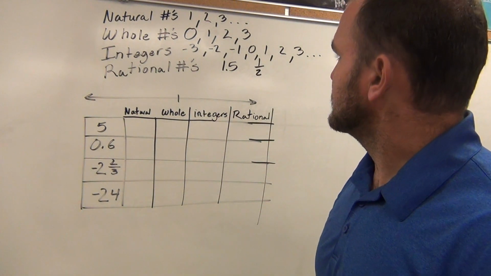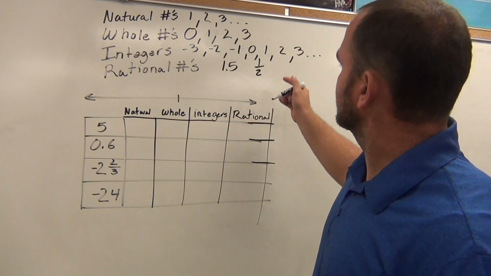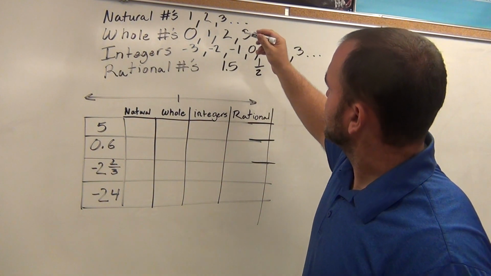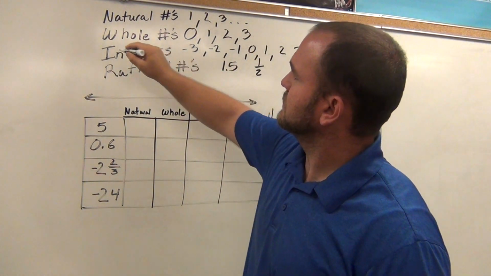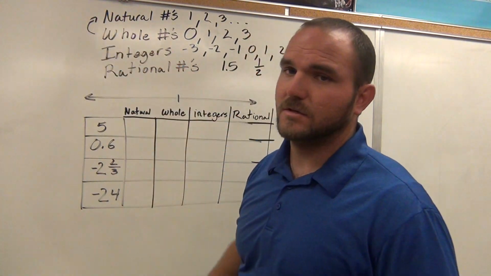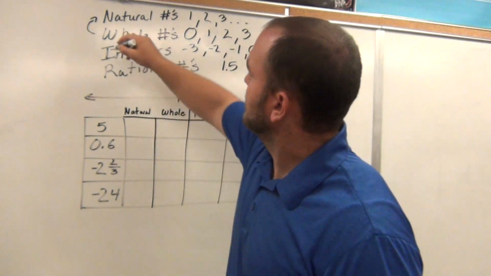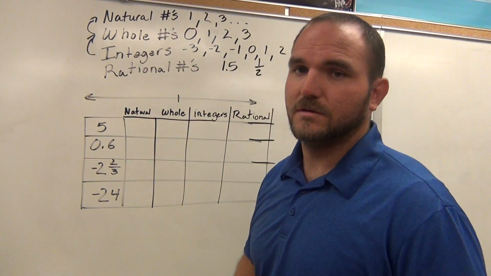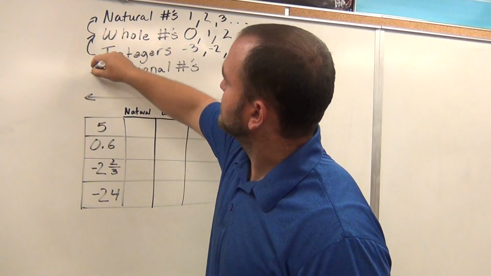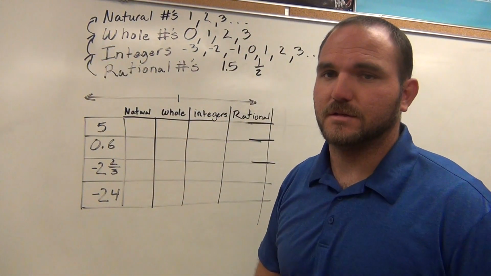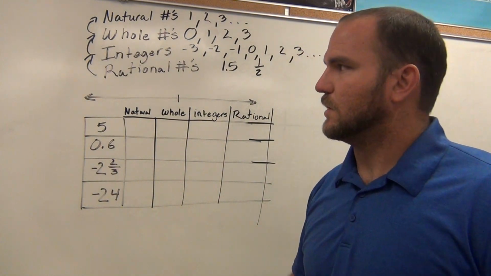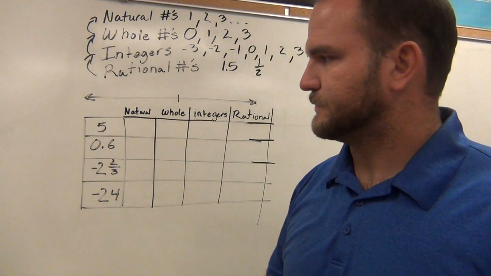Something that you'll notice is that whole numbers include natural numbers. Integers include whole numbers. And rational numbers include integers.